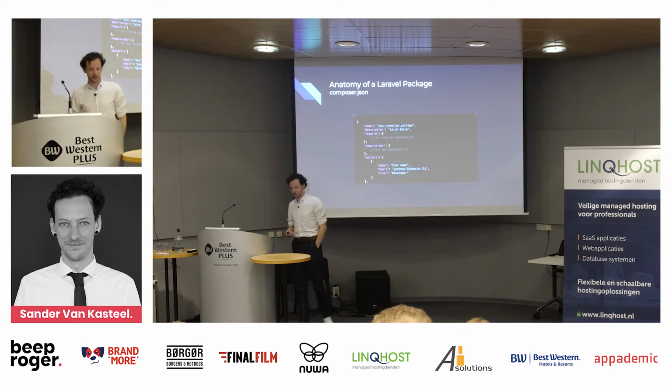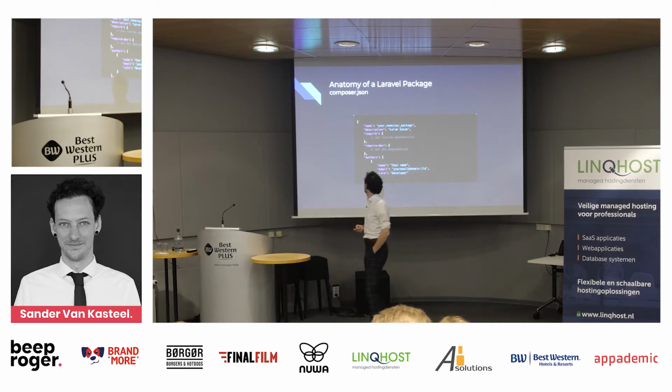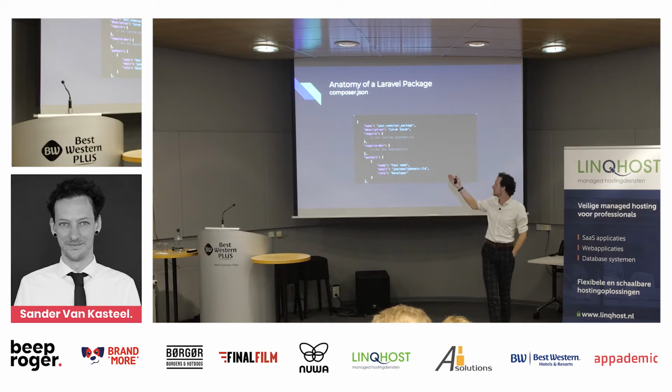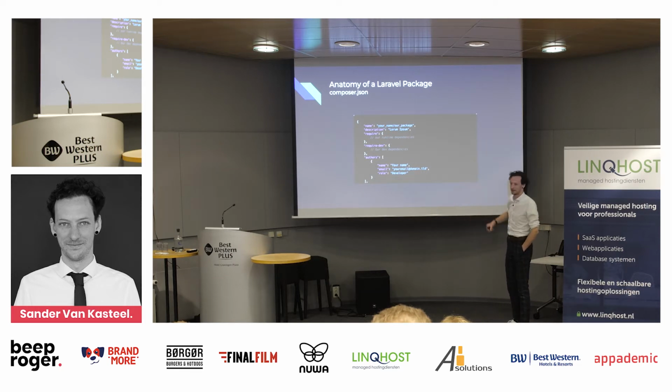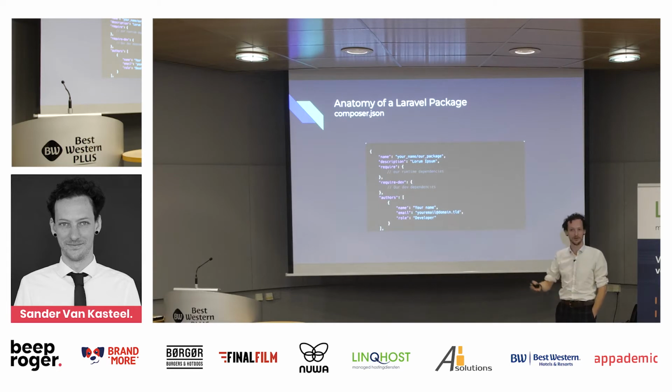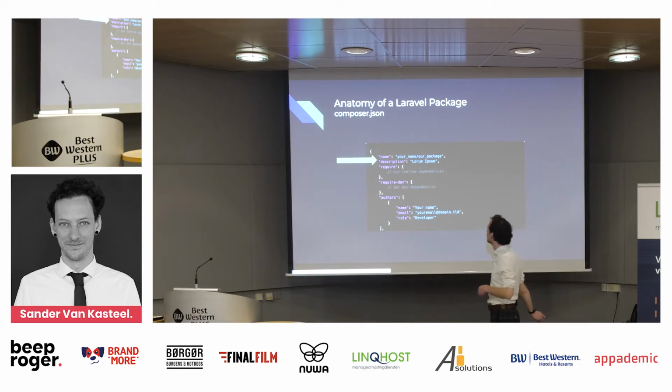So first things first, composer.json. Basically, the only thing composer.json needs is the name, which is usually your GitHub username and your package name. You can give it a description. You can give your runtime dependencies. You can give your development dependencies, and obviously any contact information you have for who is maintaining that package.